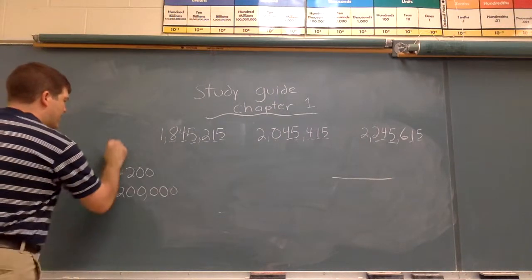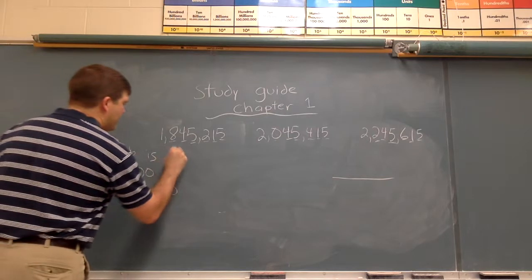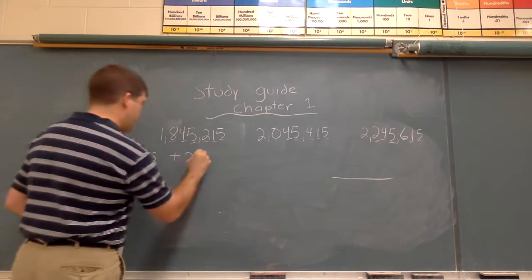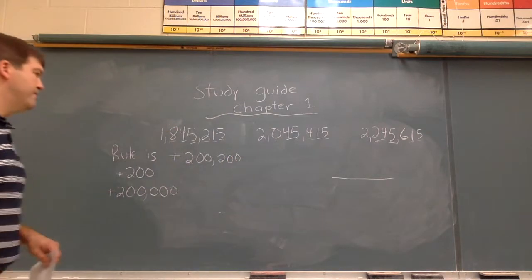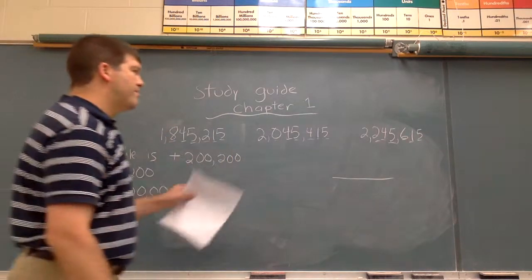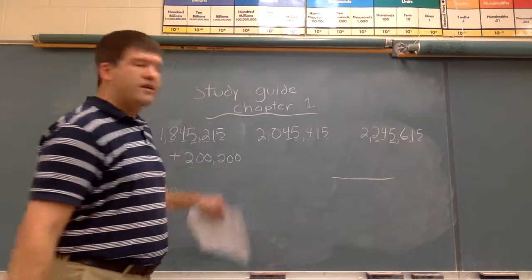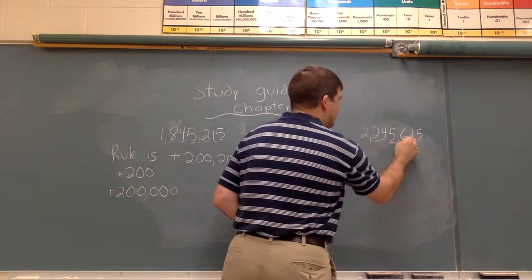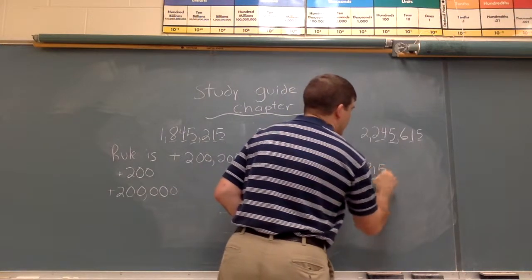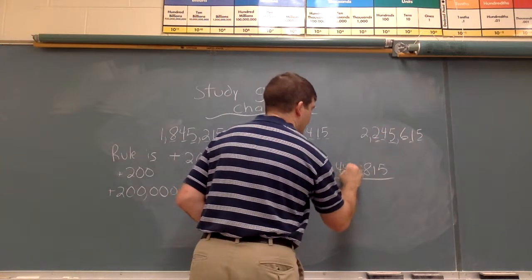So my rule is plus 200,200. Now, if I want to go up to the next one, I'm going to add 200,200. And so this 6 becomes an 8, and this becomes a 4.